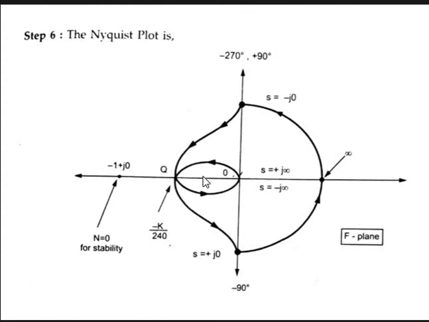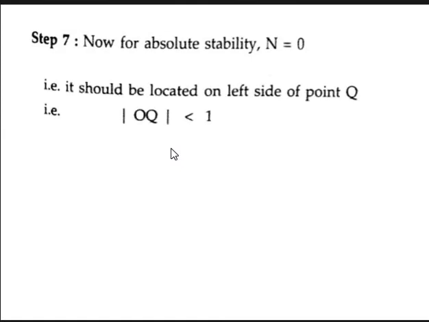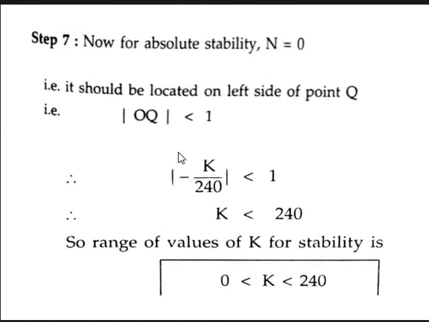The distance between these two, minus k by 240, must be less than 1, otherwise it will be unstable. Therefore k is less than 240, so the range of k for system stability is 0 less than k less than 240. This is the condition for system stability.